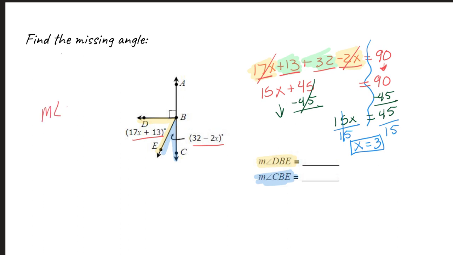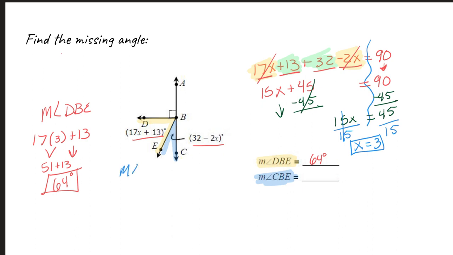The measure of angle DBE is going to be 17 times 3 plus 13. 17 times 3 gives you 51. Bring this down, plus 13 gives you 64 degrees. So 64 degrees.